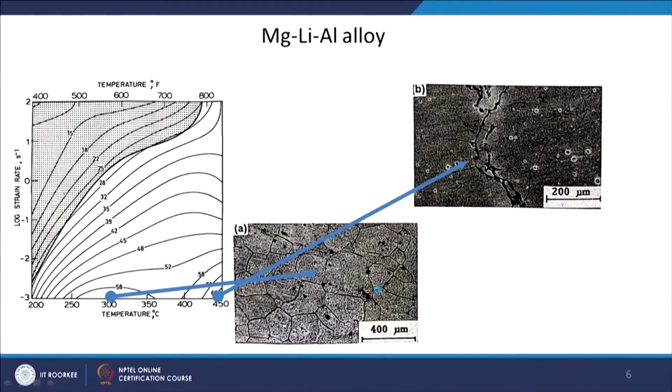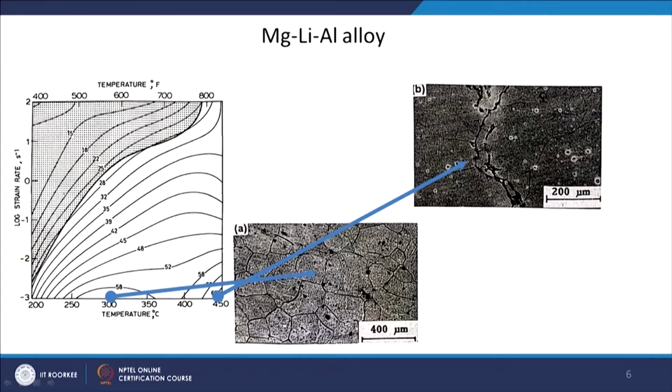Another example microstructure and how processing maps are validated. This is one region where you have high efficiency, again a very nice recrystallized equiaxed microstructure. Of course, grain size is large. This is again a magnesium lithium alloy. Whereas, if you see at higher temperatures you can see some cracking at the grain boundary.